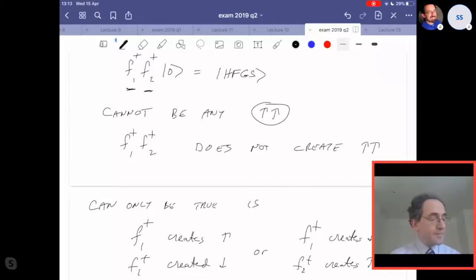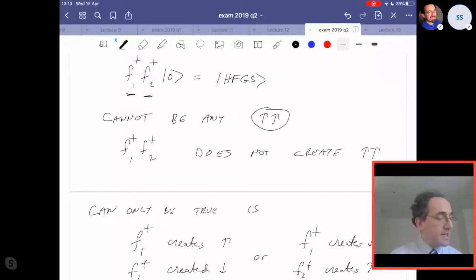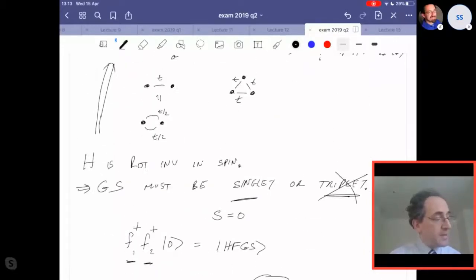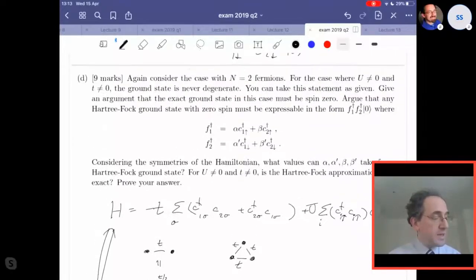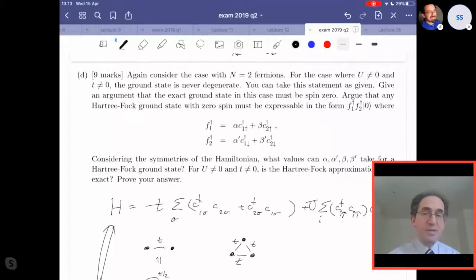So this is exactly the form that we wrote here. F1 has to create only up, and F2 has to create only down.